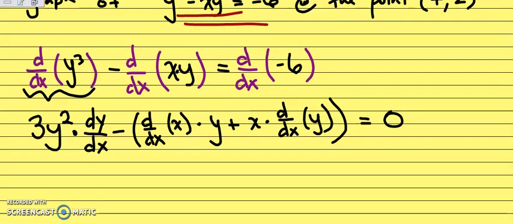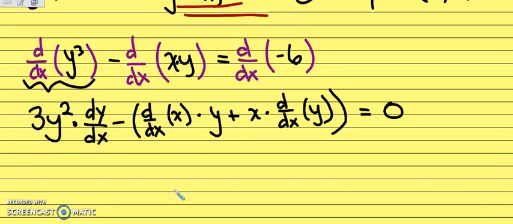Okay, so we have 3y squared times dy dx, and we're subtracting the derivative of x with respect to x times y. Well, the derivative of x with respect to x is just 1, plus x times the derivative of y with respect to x, and the derivative of y with respect to x is just 1 times dy dx.